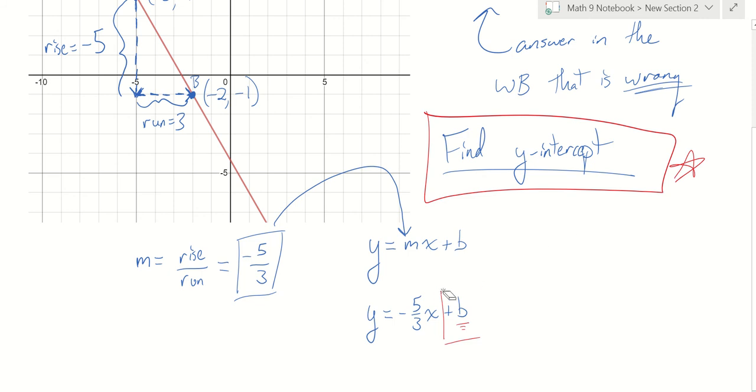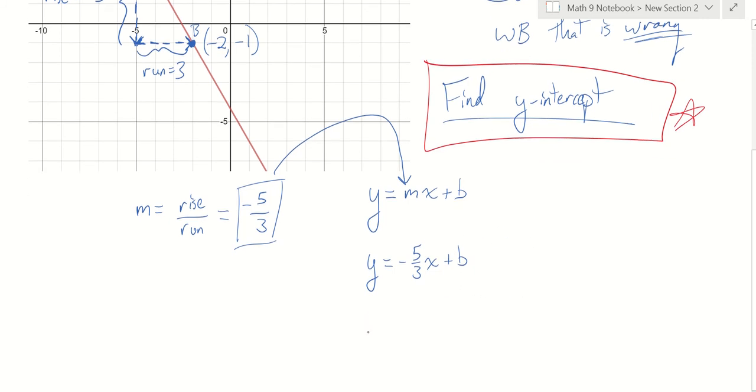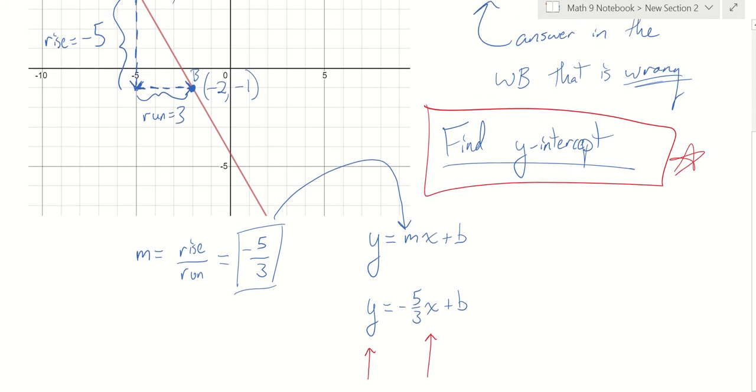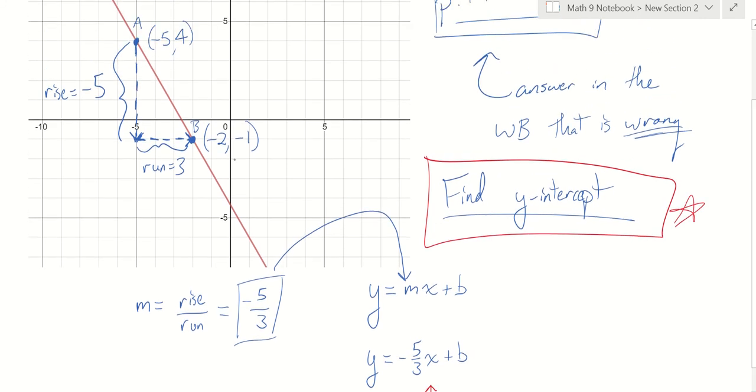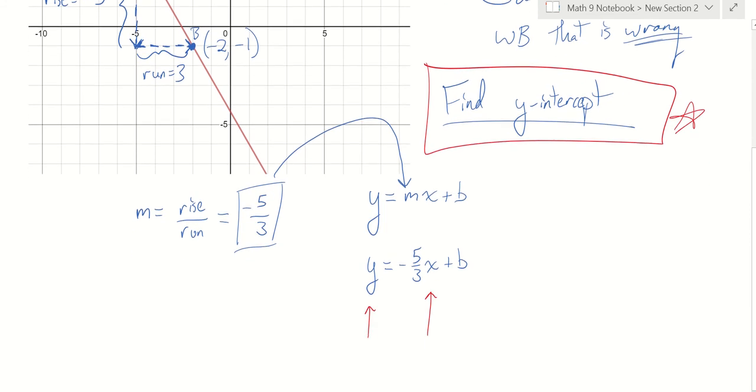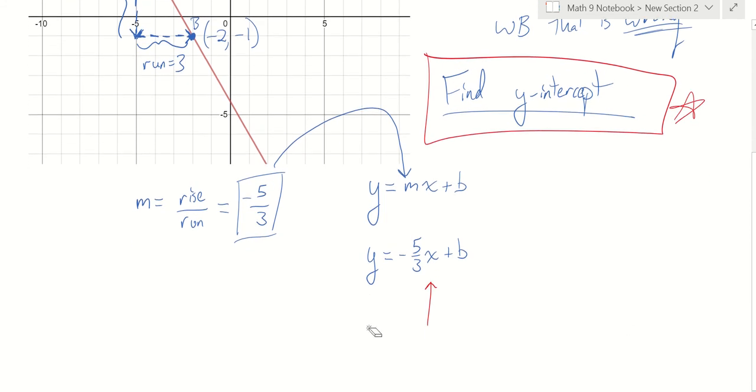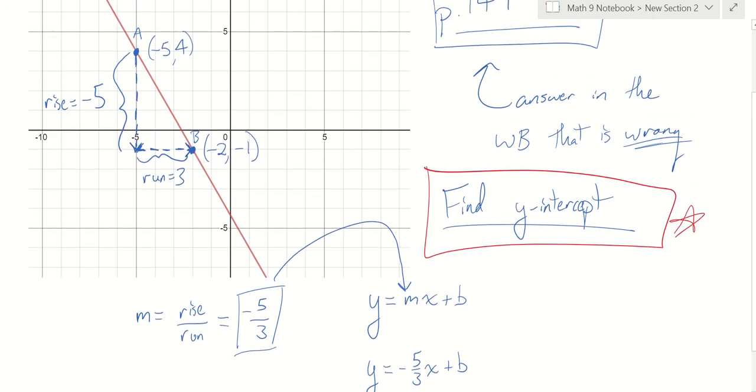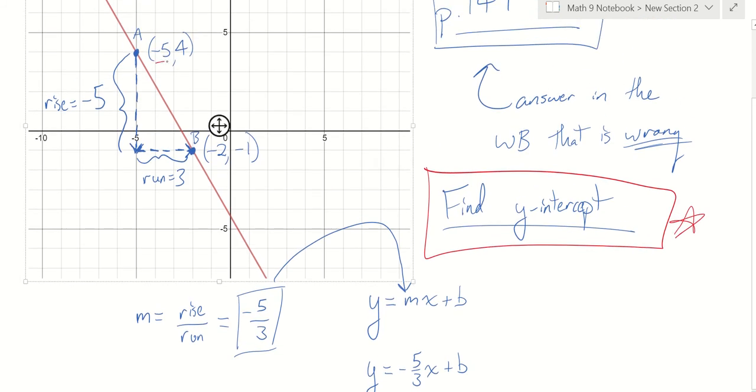So to find the y-intercept, what we can do is we can plug in some specific value of y and some corresponding specific value of x that we know is true for this line. So let's give that a shot. We know that for this particular line, which this equation models, we know that when x is -5, y must be 4.